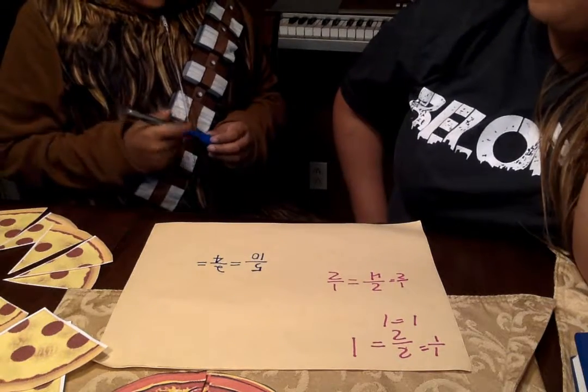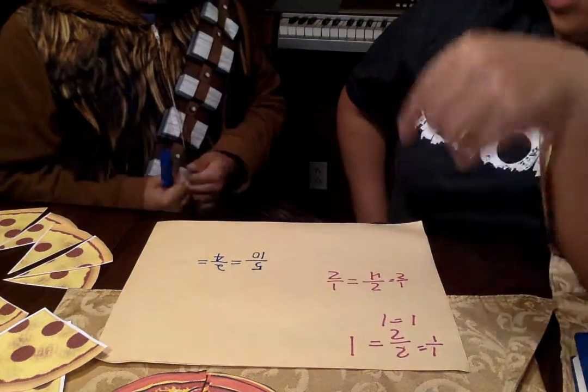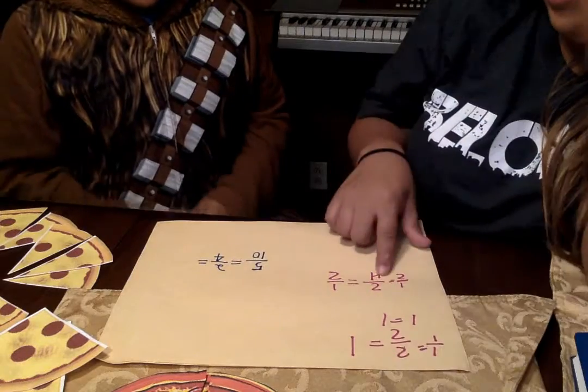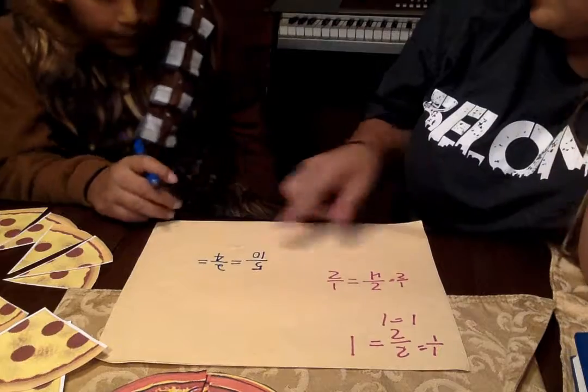Okay. How could you prove that they are equal to each other? We can see and find out. Okay, how do you find out? Remember what I did over here? We kind of reduced this to the lowest terms. Can you do that here?